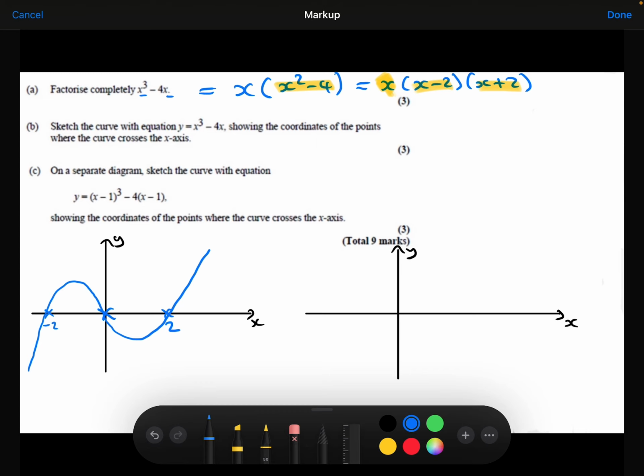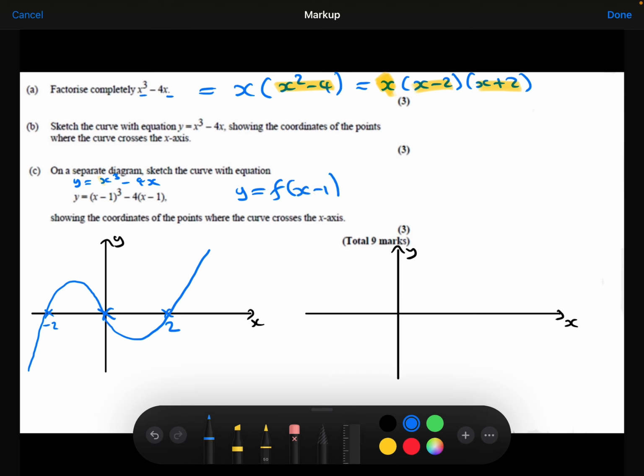If we look carefully and compare it to what we've just done, I just drew x cubed minus 4x. The only difference here is that instead of an x cubed, we've got an (x minus 1) cubed, and instead of a 4x, we've got 4 lots of (x minus 1). So this is identical except with the x minus 1 instead of the x.